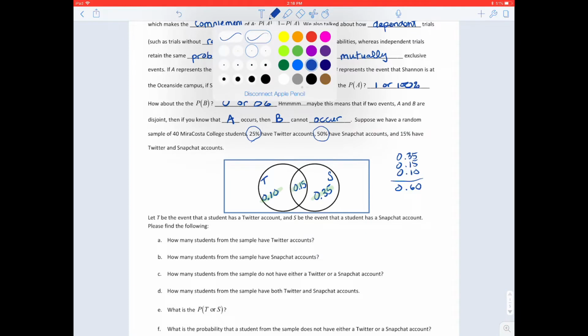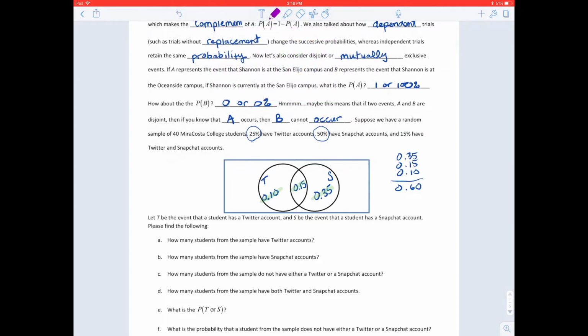So if I'm thinking about the outside of the circles, in the box, what's going to happen? Well, we know that the total model has to add up to 1 or 100%. We know that 60% or 0.6 of it is taken up.